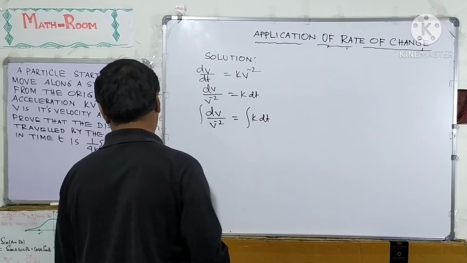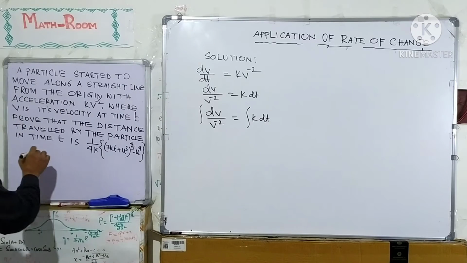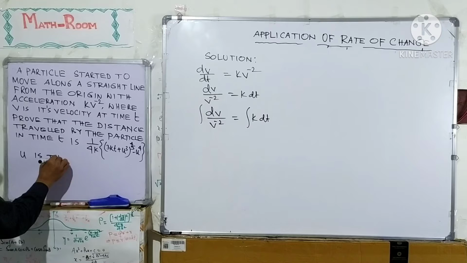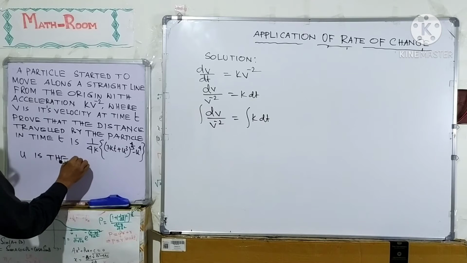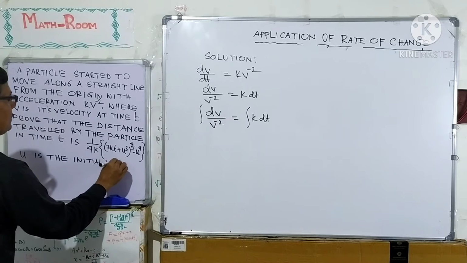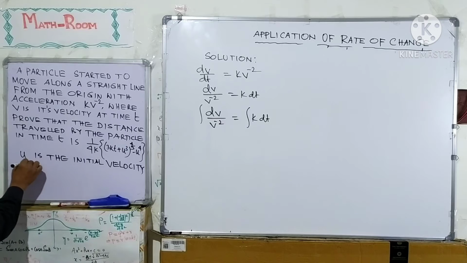Here, the initial velocity is taken as u, the initial velocity of the particle.